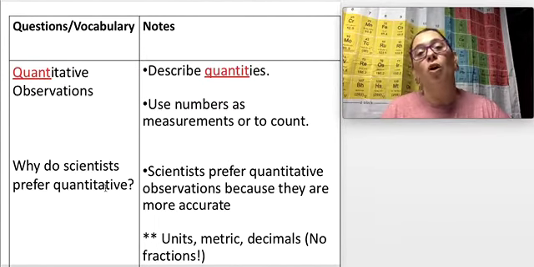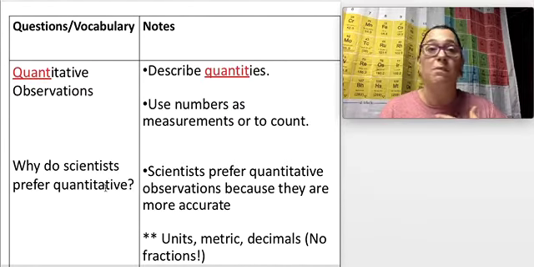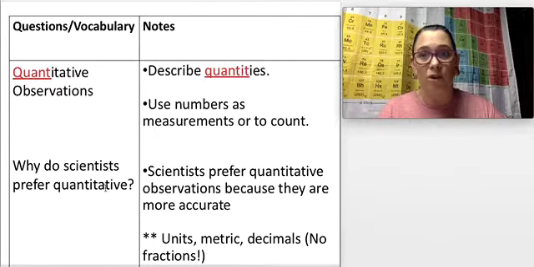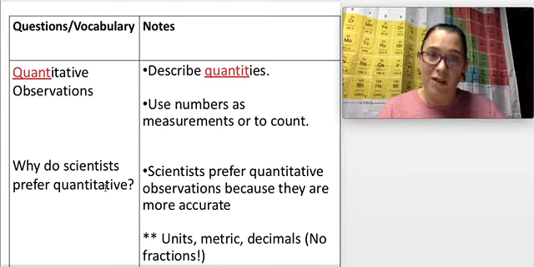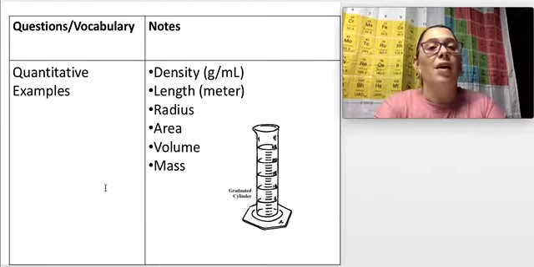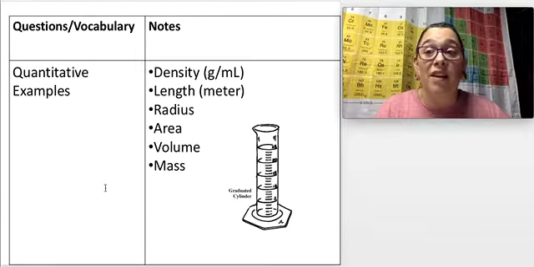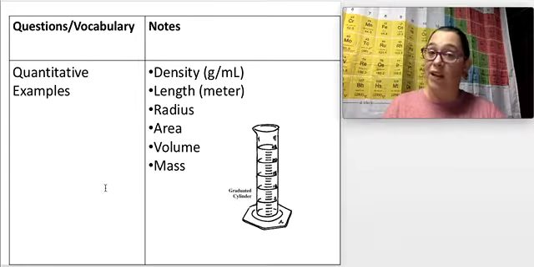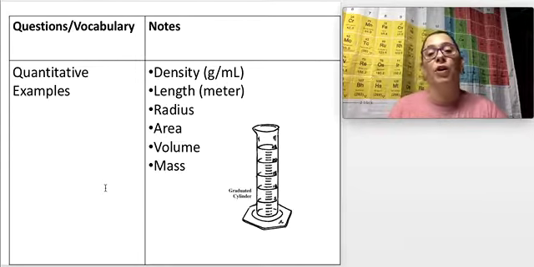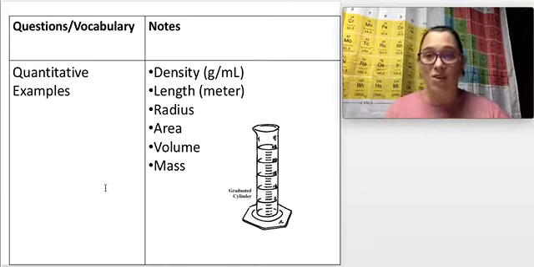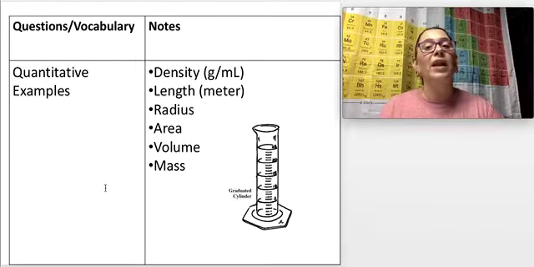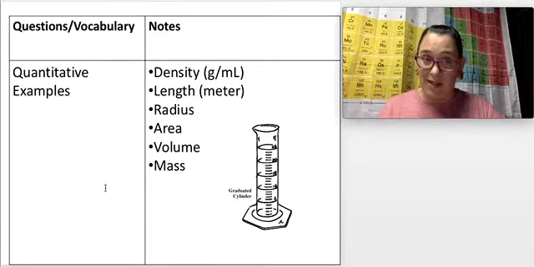Whereas somebody that's taller than me might only be 5'9", but to me, they're tall because they're much taller than me. So the numbers aspect makes things a lot more accurate. Other examples of quantitative measurements would be things like density, length, radius, which I'm sure you've all done in math, area, volume, mass or weight of an object. So anything that involves numbers is quantitative.